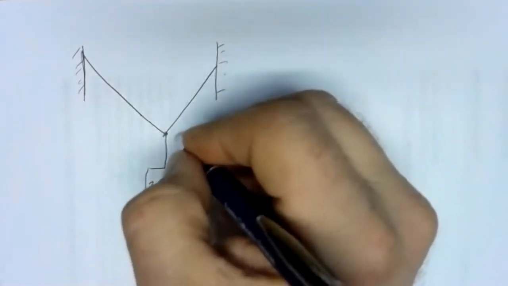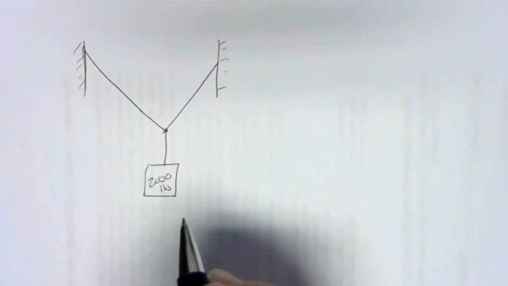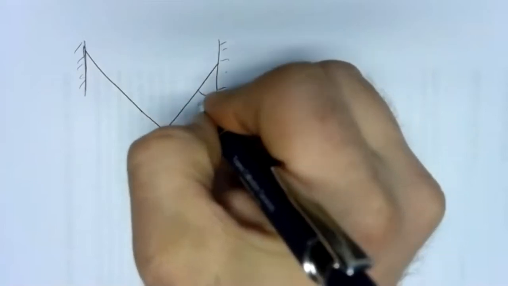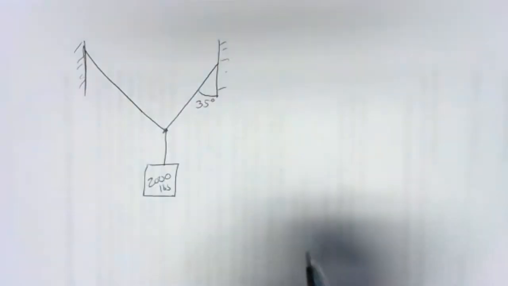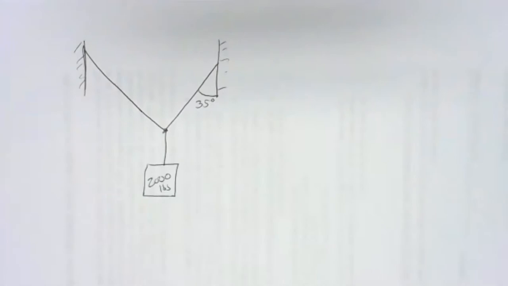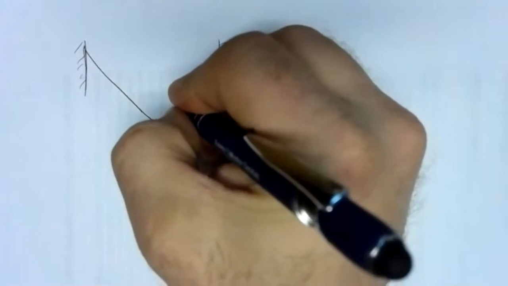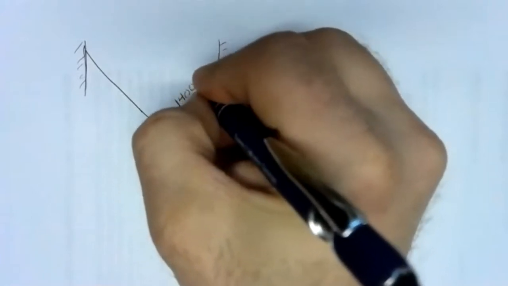And in the wire to the right, we'll have an angle here of 35 degrees. We'll make this have a 1,400-pound tension on it.